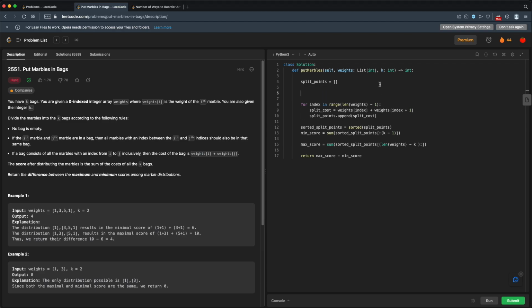Let's do this. So we only have to call length of weights once. Let's do that. So this will go to the max index. And this one, I guess we'll have to add one here. That's all right.